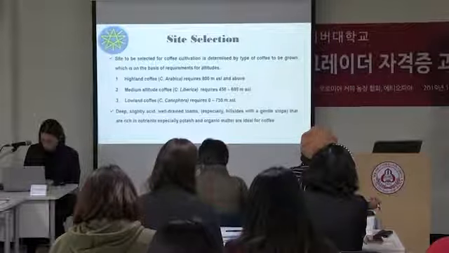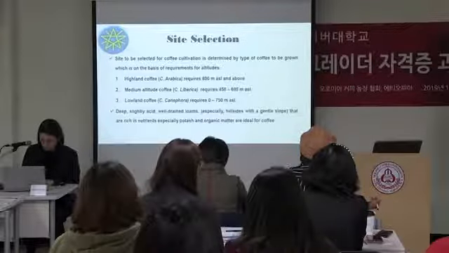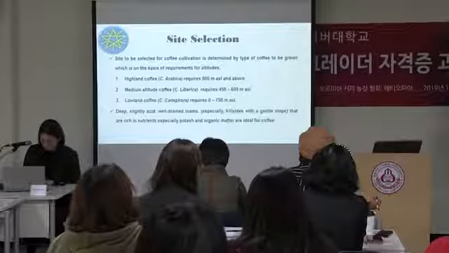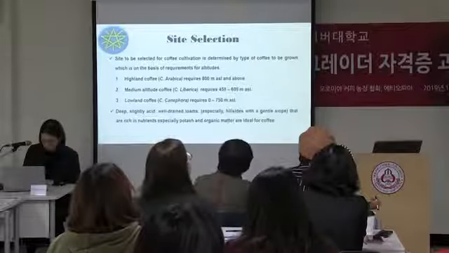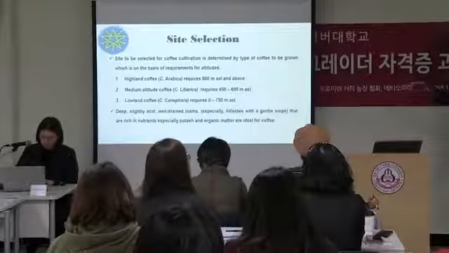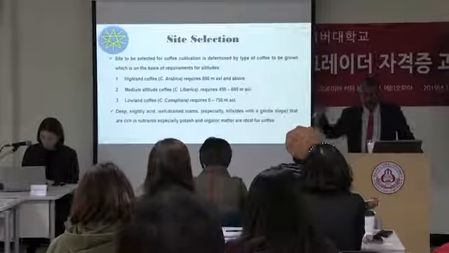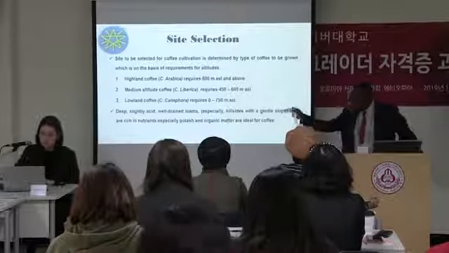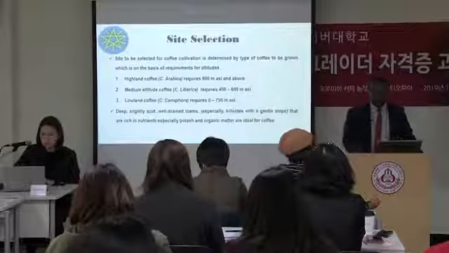Too much water is not important for coffee; optimum water is very important. So it is a perennial crop with a deep root, and due to being deep rooted, it requires a deep soil. Slightly acidic soil is required for producing coffee, and draining of water is very important.